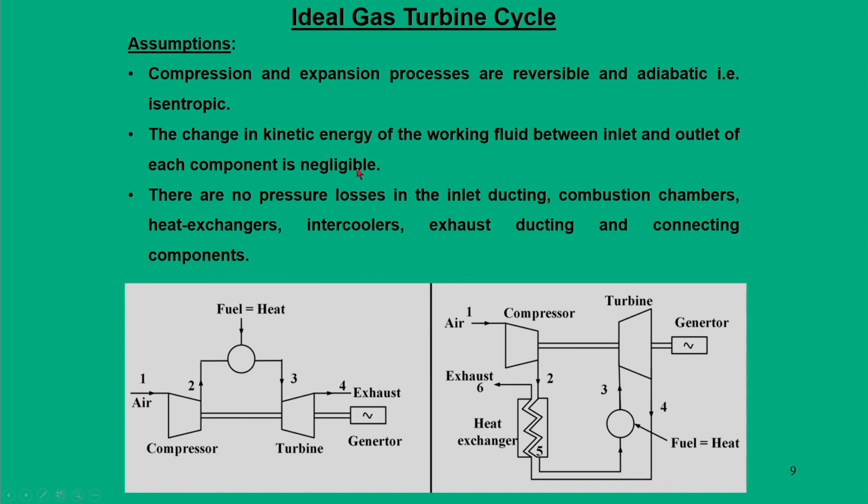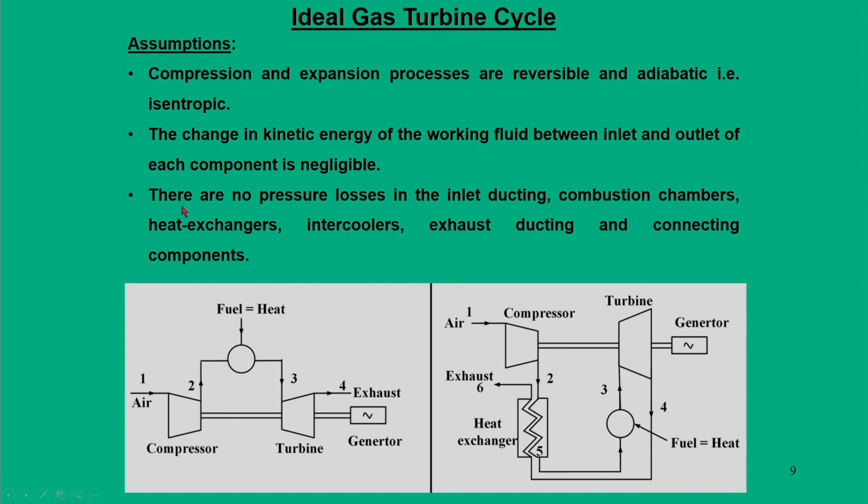This is one of the important assumptions for the shaft power cycle, but this assumption is not true when you deal with the aircraft cycle, because the kinetic energy between inlet and outlet of the components is significant. So, the emphasis is given in a different aspect and in a different context in those situations.